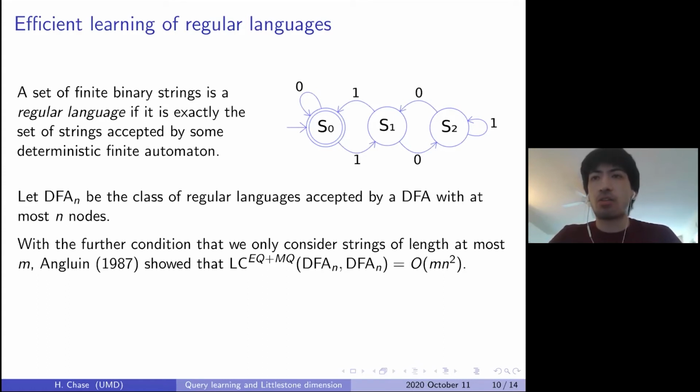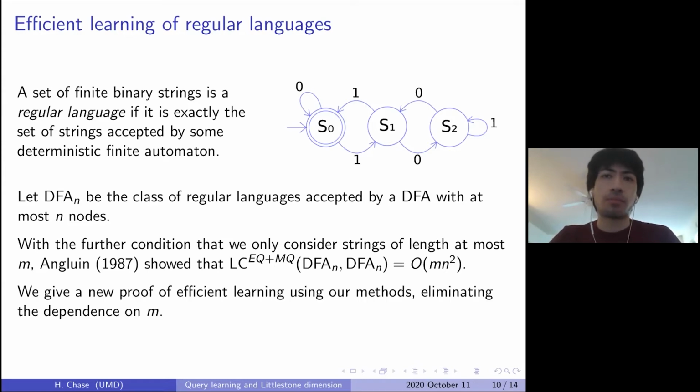A classic result says that we can learn in O of m times n squared many queries, where m is the length of the longest string that we encounter during our course of learning. We give a new proof of learning which doesn't mention the length of the string at all.